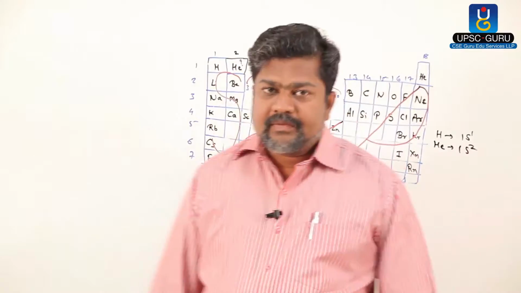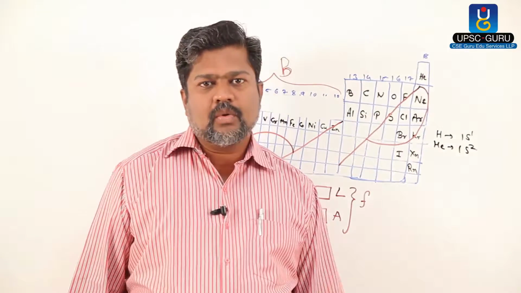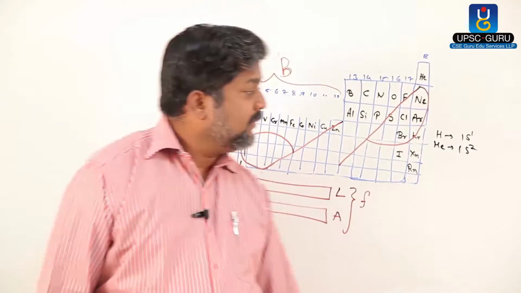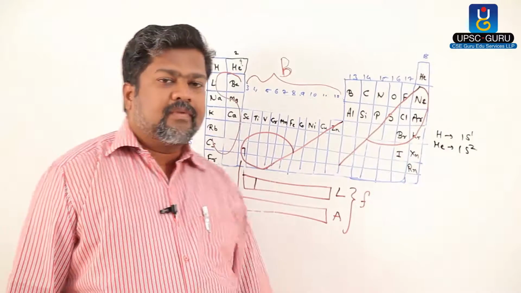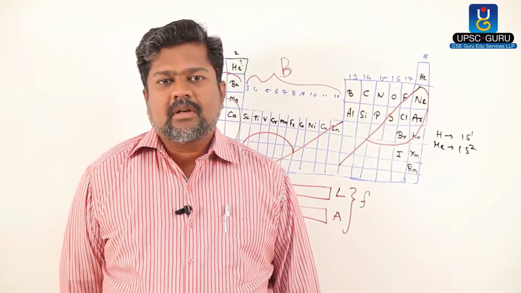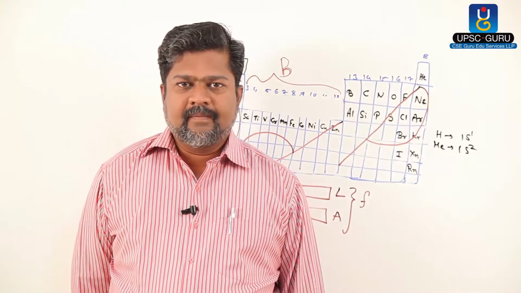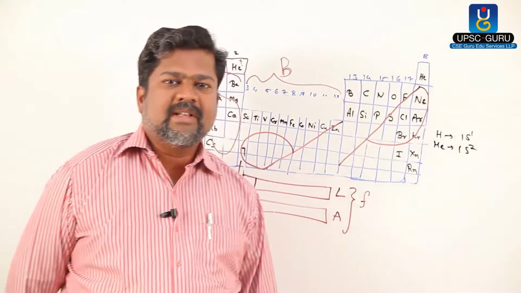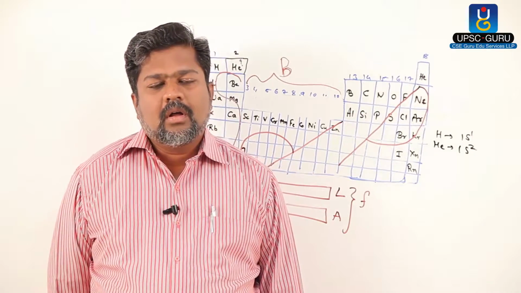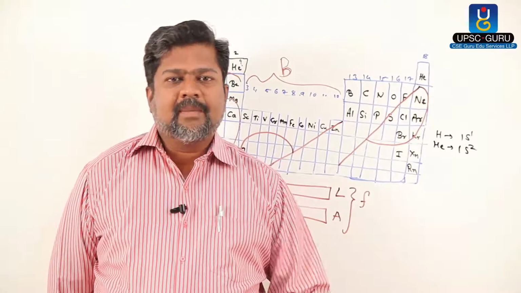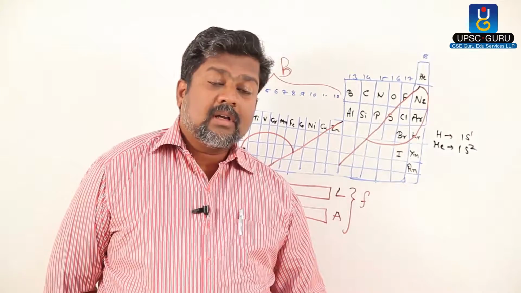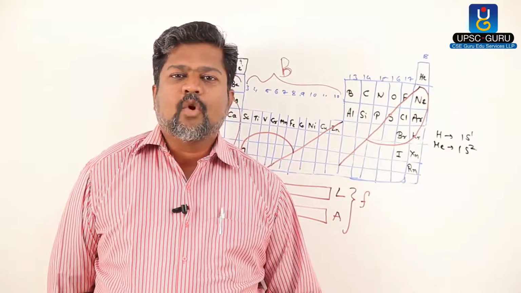Okay, let us check out these concepts also, because they are part of our chapter. Last group, that group 18, and in earlier days it was called as 0 group or group 8B. These elements are having 0 valency.